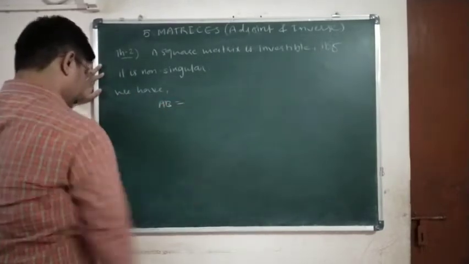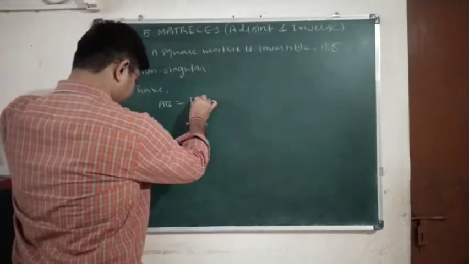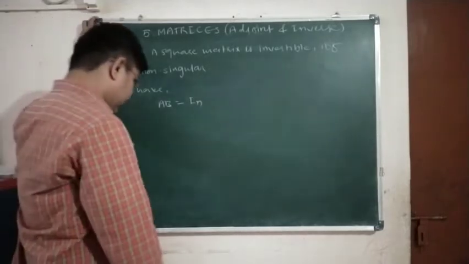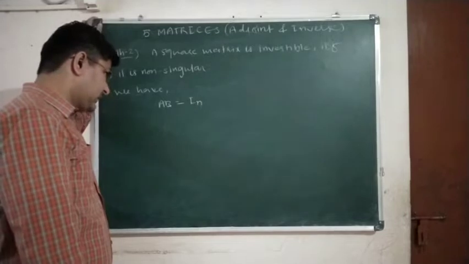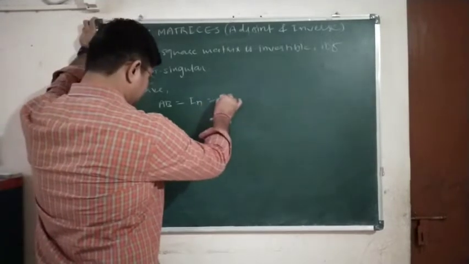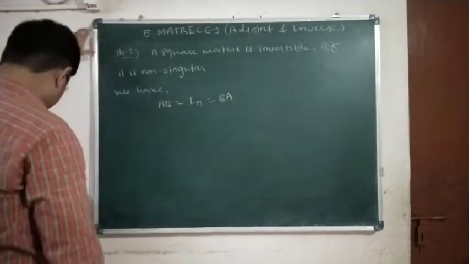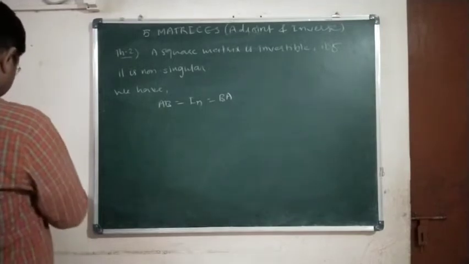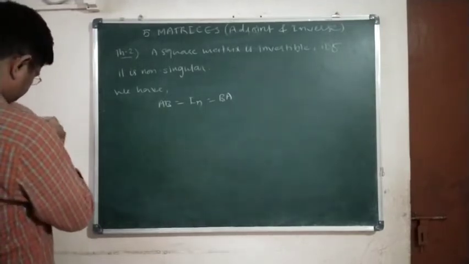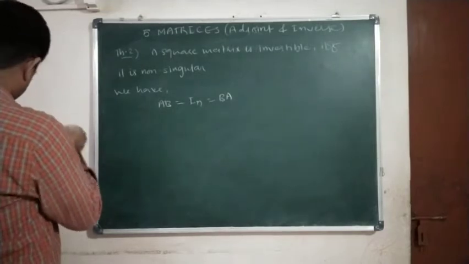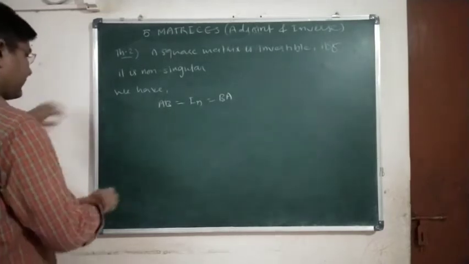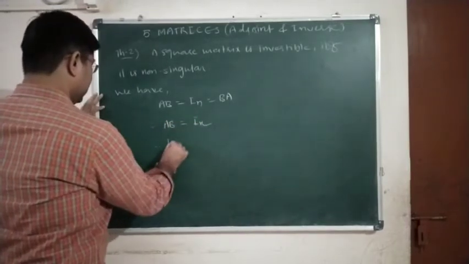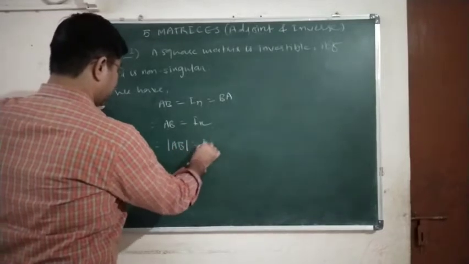We have already seen by definition that if A is a square matrix of order n, and if B is a square matrix of the same order, then AB is equal to I_n is equal to BA. Therefore, AB is equal to I_n, so determinant of AB.